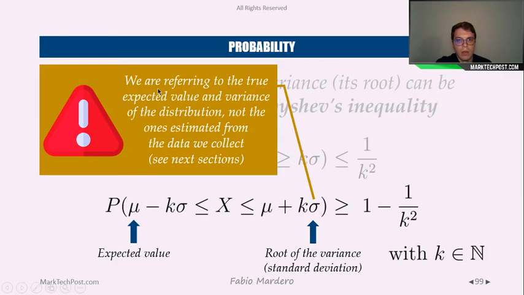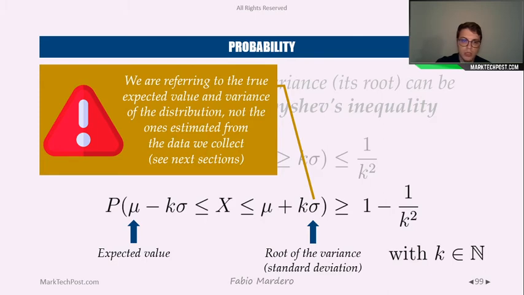Well, remember when we talk about statistical inference, here mu and sigma are the true expected value and the true variance of the distribution, not the ones estimated from the data we collect.